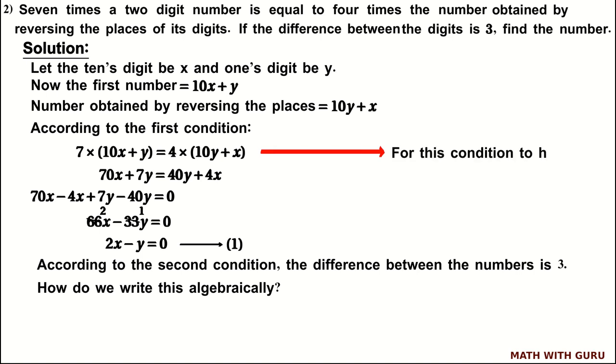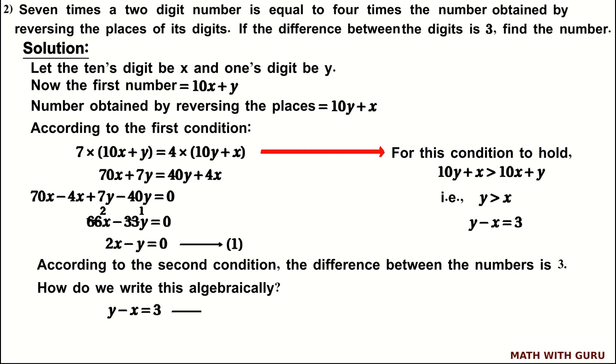Therefore, for this condition to hold, 10y plus x is greater than 10x plus y. With digits being equal, a number becomes greater if the digit in the tens place is greater. Therefore, y is greater than x. Thus, we take the difference y minus x equals 3.